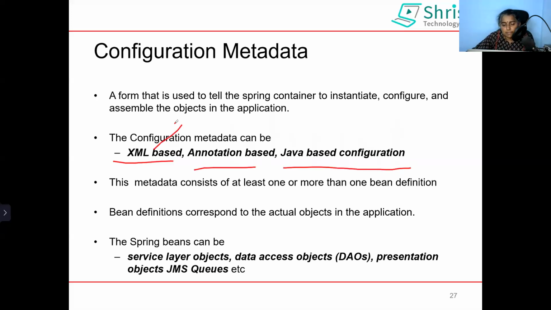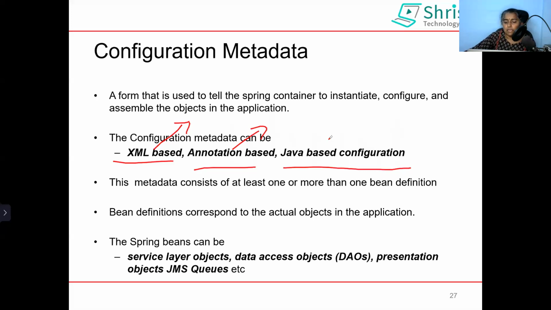You will be creating an explicit XML file and adding it. Anyway, I will show you that now. But now it is legacy. People don't use it. Annotation-based configuration: every class should be annotated with @Component. It means the moment I add @Component, Spring Framework will understand, okay, fine, I need to create an object for this particular class. And what is the third one?